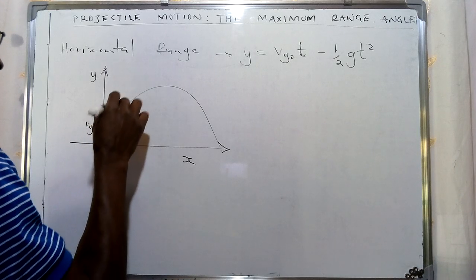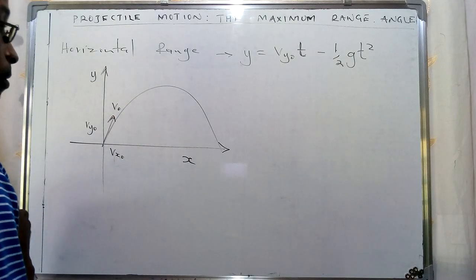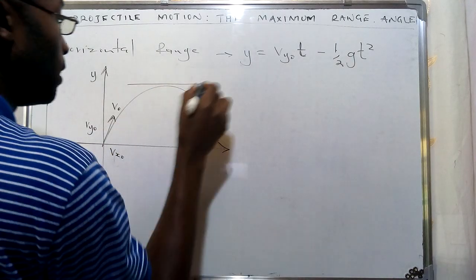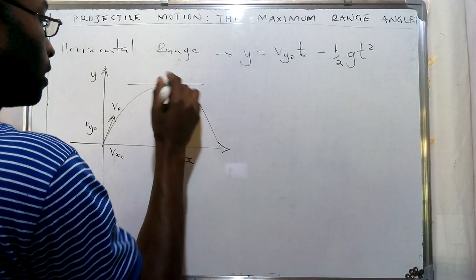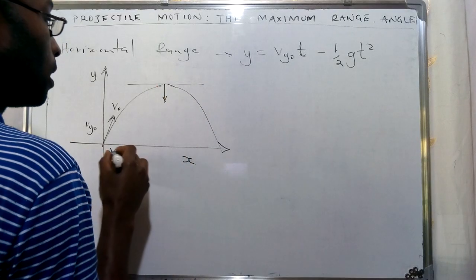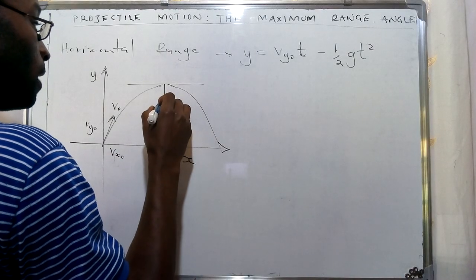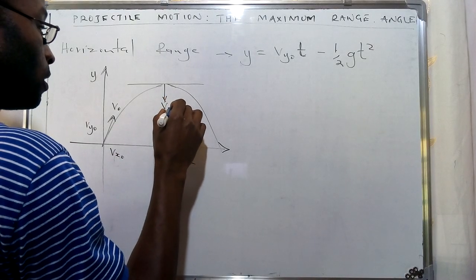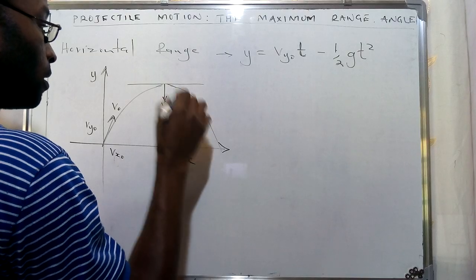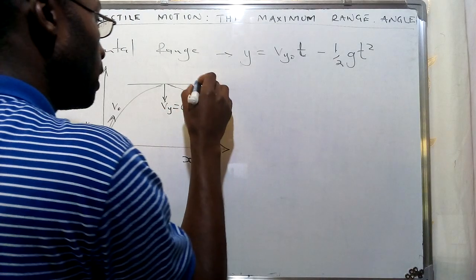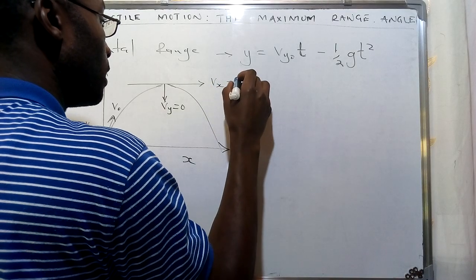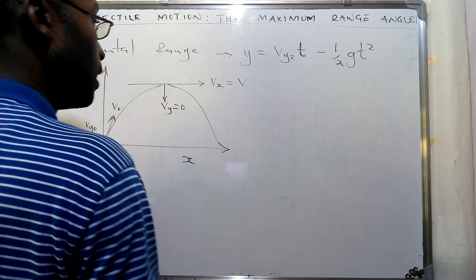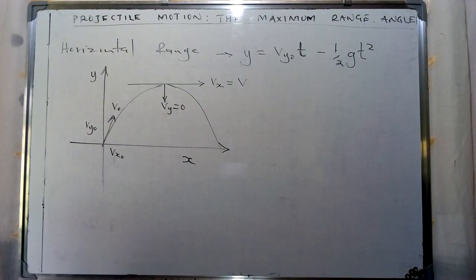So we have depicted the initial velocity of launch using that one, and then we said that this projectile is going to travel to a specific distance, which is going to be having a maximum point at that particular point, and then we're going to have the velocity along the y component in this specific case given as 0, whereby we're going to have the velocity along the x component in this case given as the velocity of travel given in terms of v. So in this case, we're going to borrow from that specific discussion.